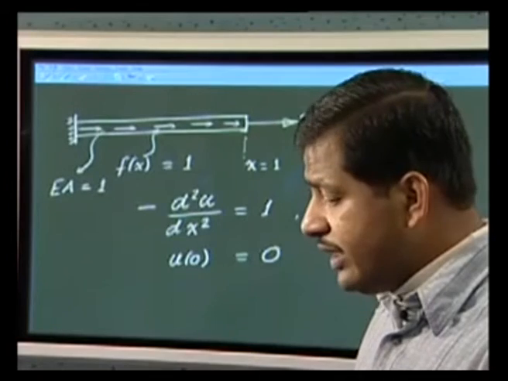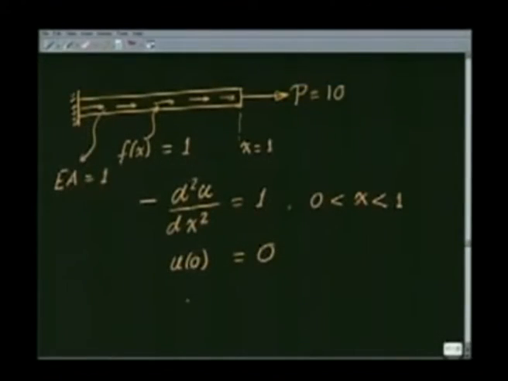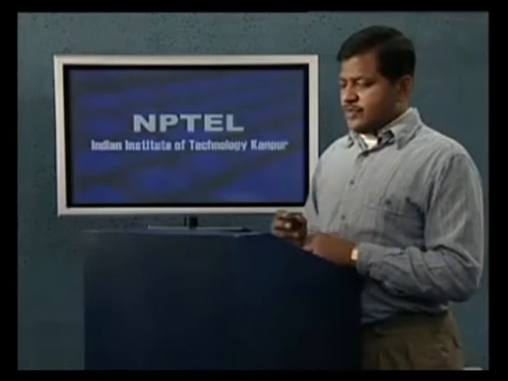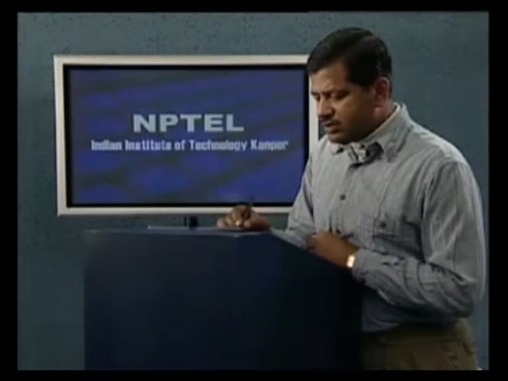At the end x equal to 1, we will have EA du dx, where EA now is 1, so you will have du dx at the point 1 is equal to 10.